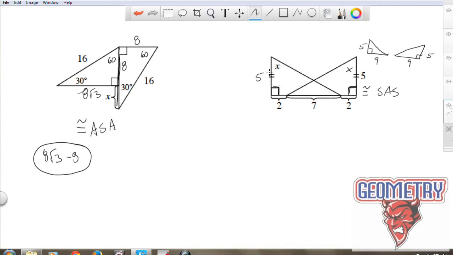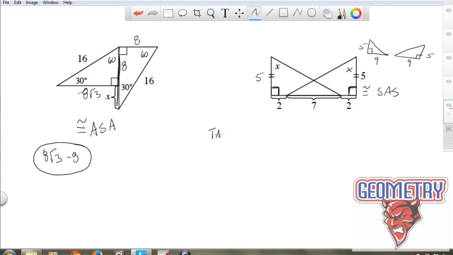So at first glance it may seem like we're stuck because all we have is the 90 degrees and we don't know what these other angles are, but if we take a closer look here, we can use inverse trig to find what the angle is. So I'm just going to use, let's say x is like our theta, right?